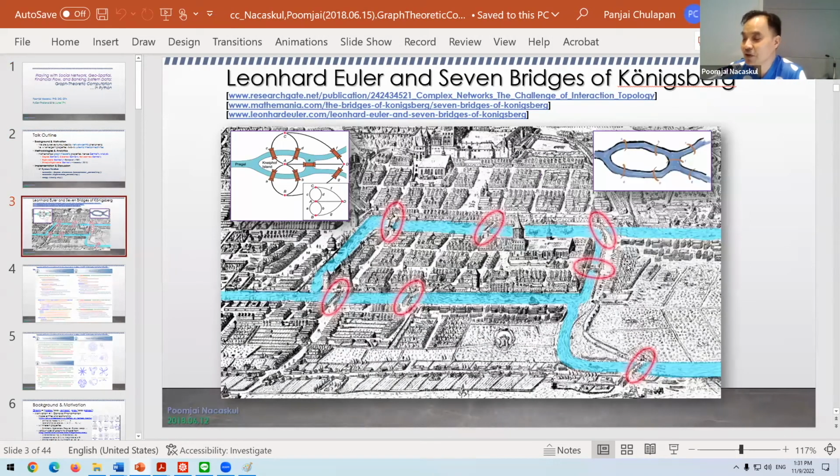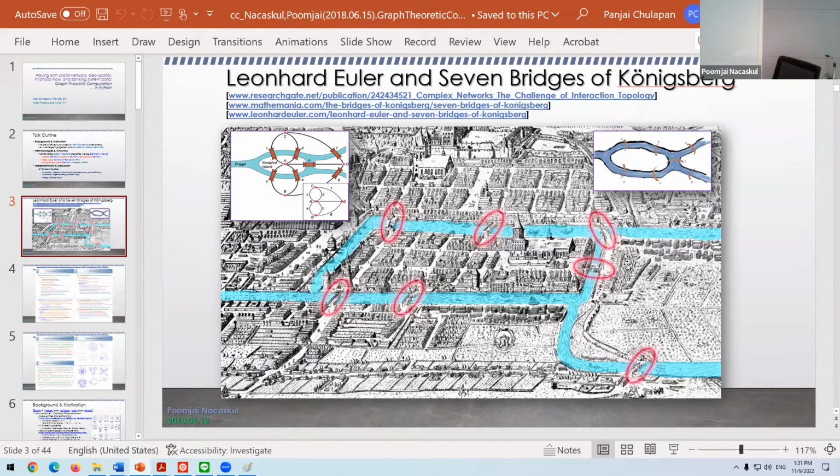This is sort of motivation. If you saw the video that I asked you to watch, this is about the 7 bridges of Königsberg. The whole significance of this was my motivation about graph data: representing reality as a graph. Here on the left hand side you can see the graph.